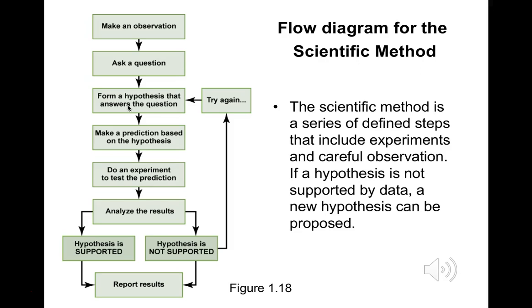From these, we work to make predictions that we can put together into an experiment to test the hypothesis. Through this experimentation, we gather more observations about that particular question.